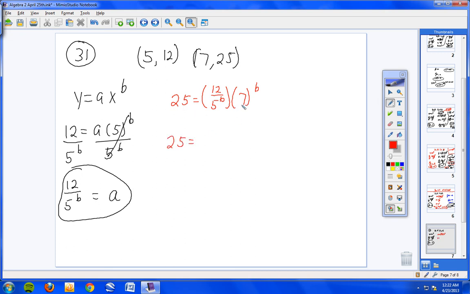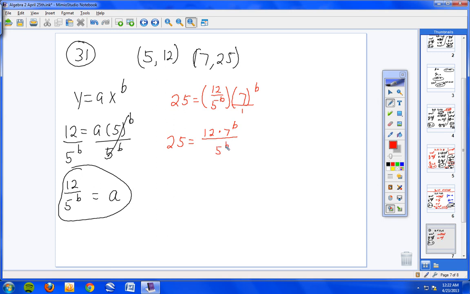As we've done all along, I'm going to put this 7 to the b over 1 and multiply these together. 12 times 7 to the b power would be 12 times 7 to the b. Please don't put 84 to the b power. Please don't do that. It's 12 times 7 to the b power. You cannot multiply those together because of this base. 5 to the b over 1 would simply be 5 to the b.